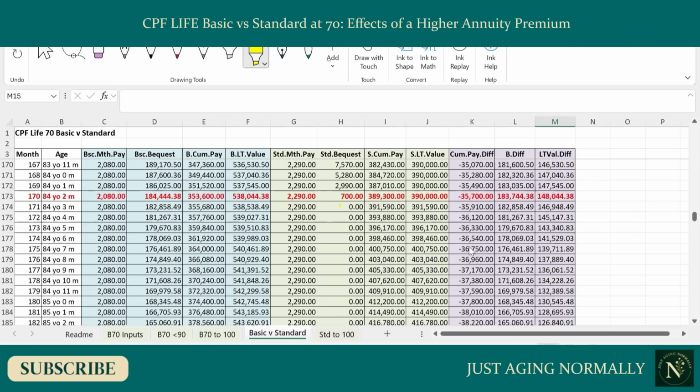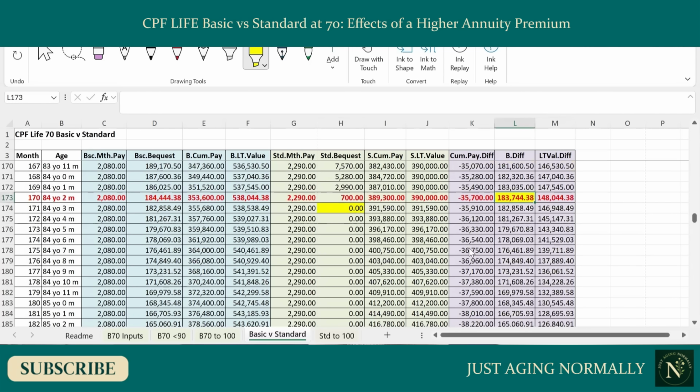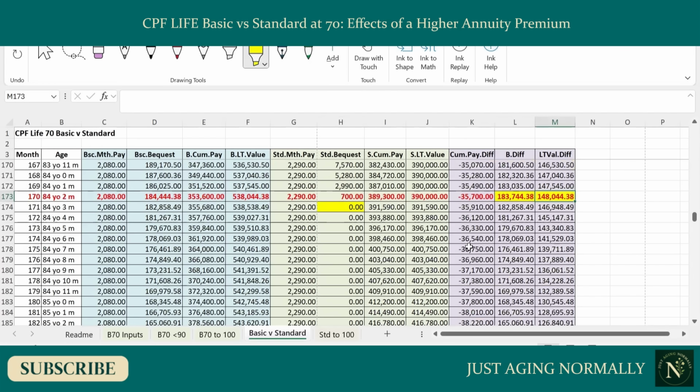That's also when the maximum difference in bequest, where B70 exceeds S70 by 183.7K, and LT value, lifetime value of B70 is 148K in excess of S70, after which both values will start to narrow between the two plans.